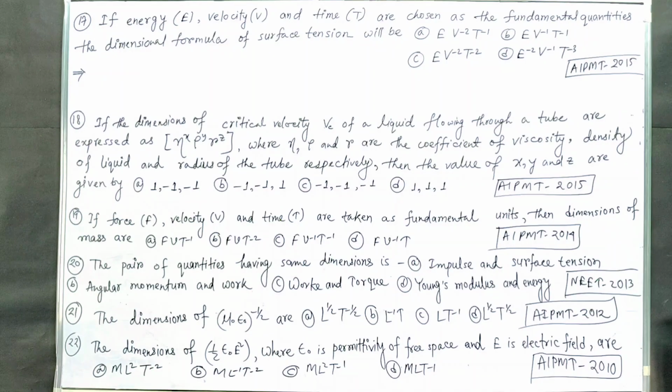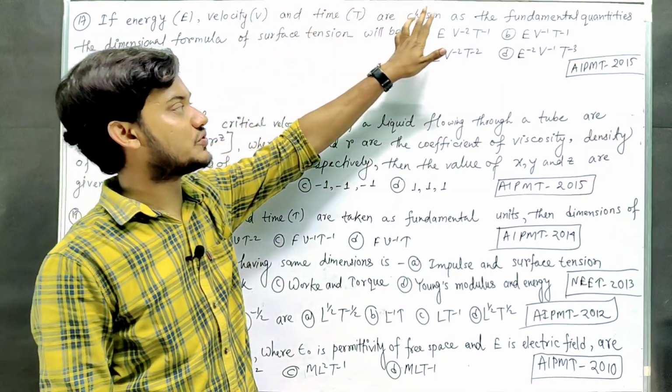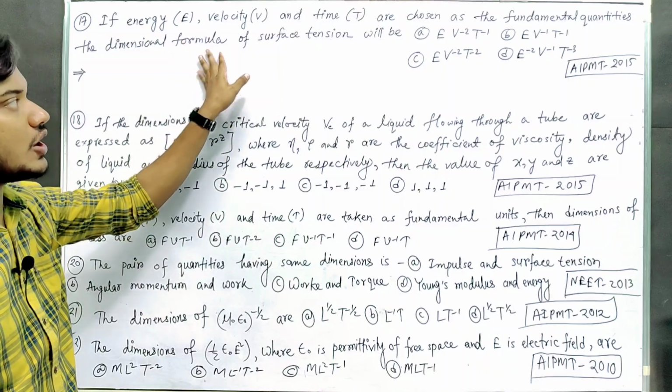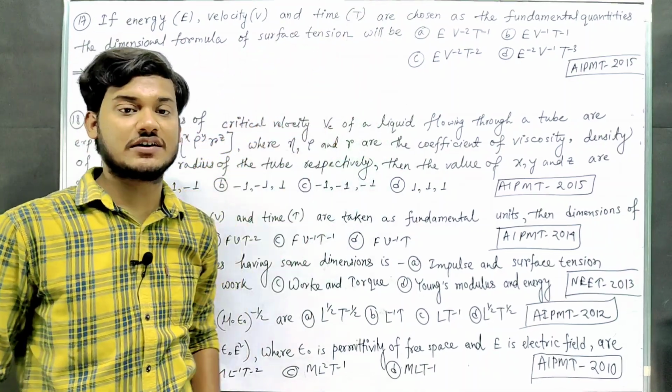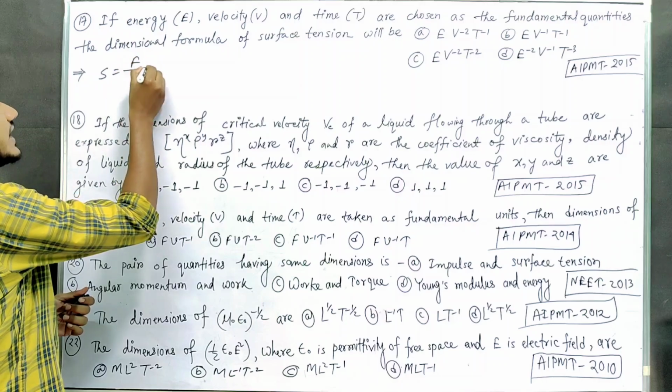Question 17. If energy E, velocity v and time T are chosen as the fundamental quantities, the dimensional formula of surface tension will be, options are given. So we know surface tension equals force by length.